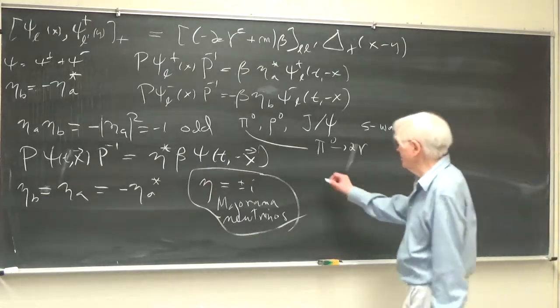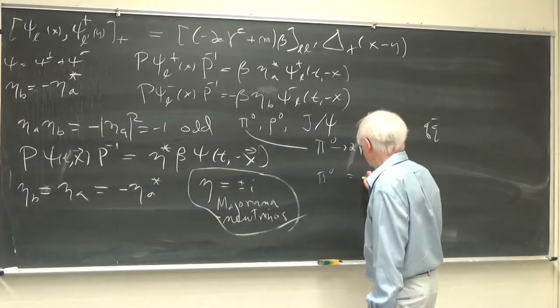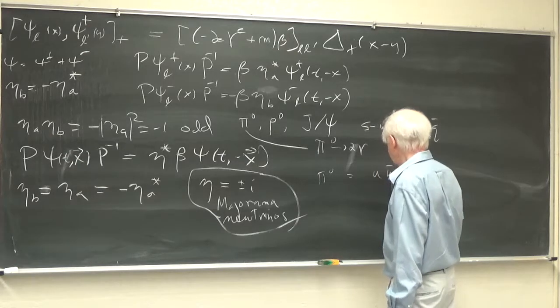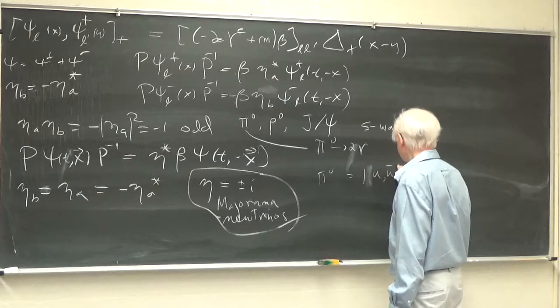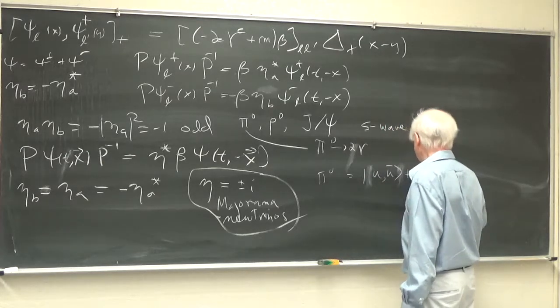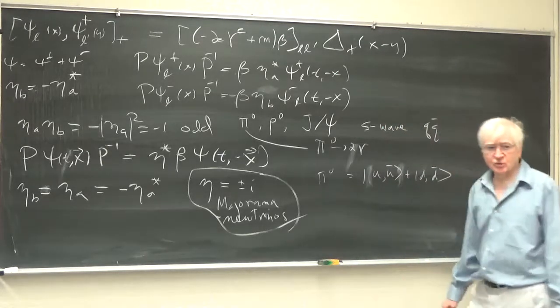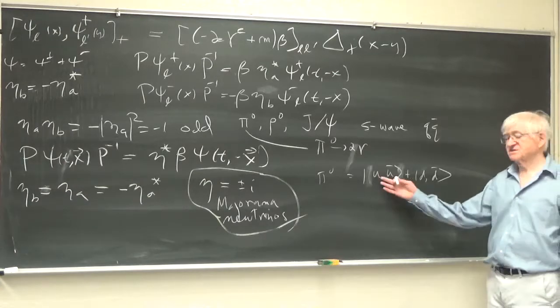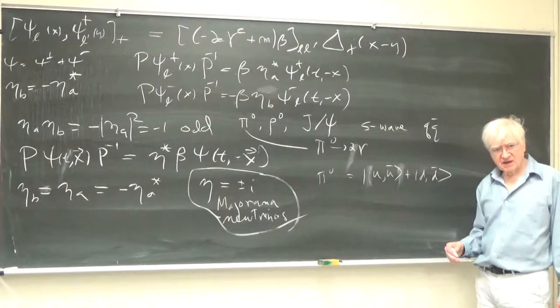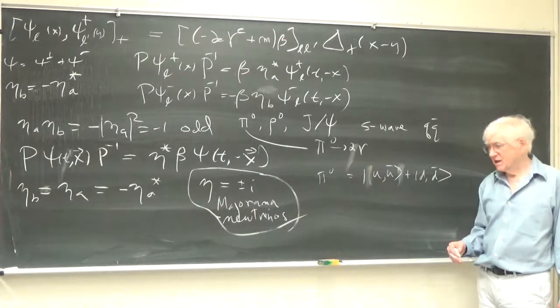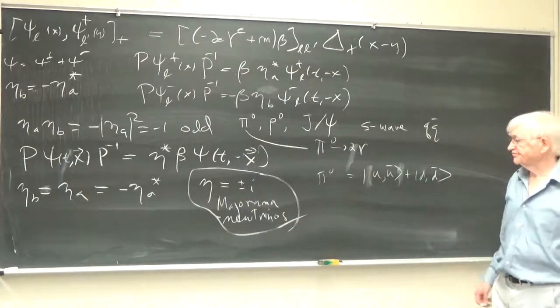The pi zero is an up quark and an anti-up quark, and a down and an anti-down quark. And you have to sum over the three colors, so it's a color singlet. So what was the relation of that to the parity transformation?